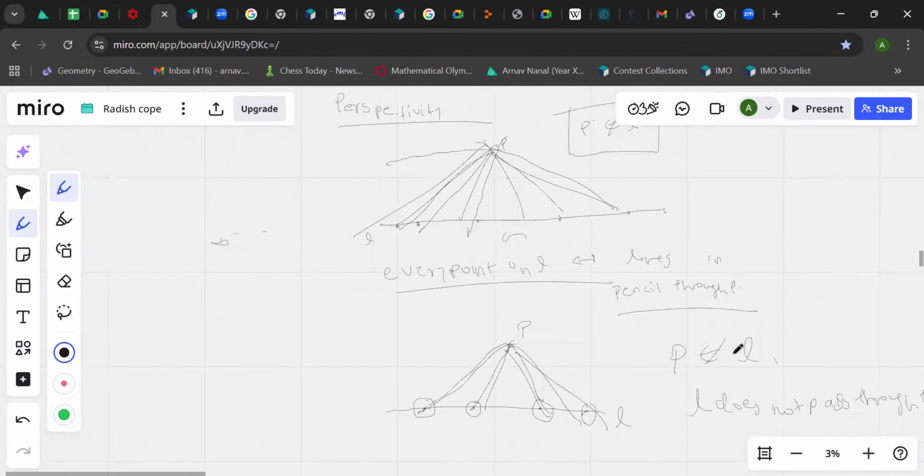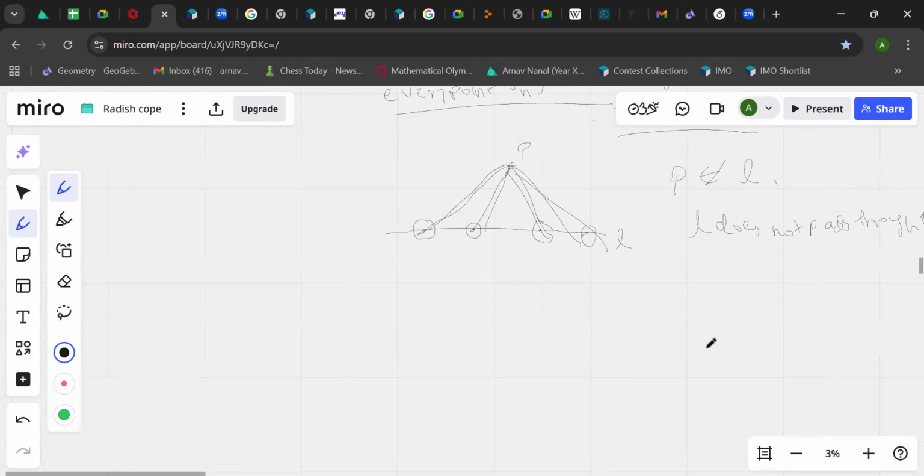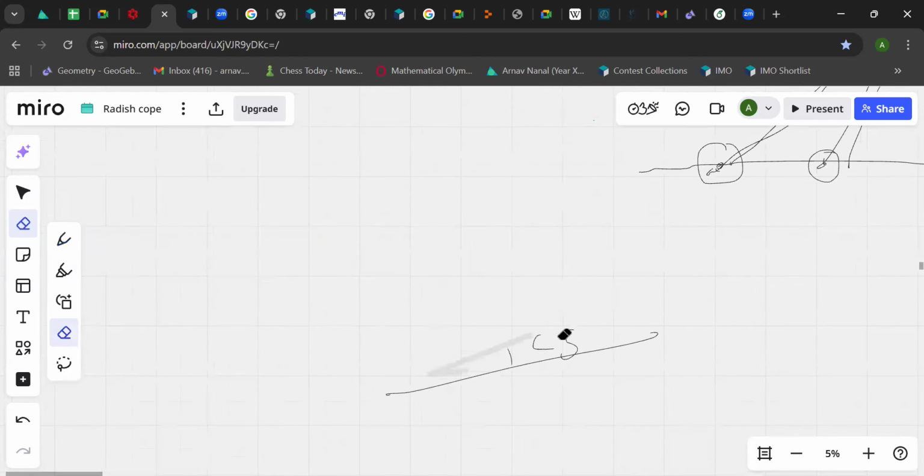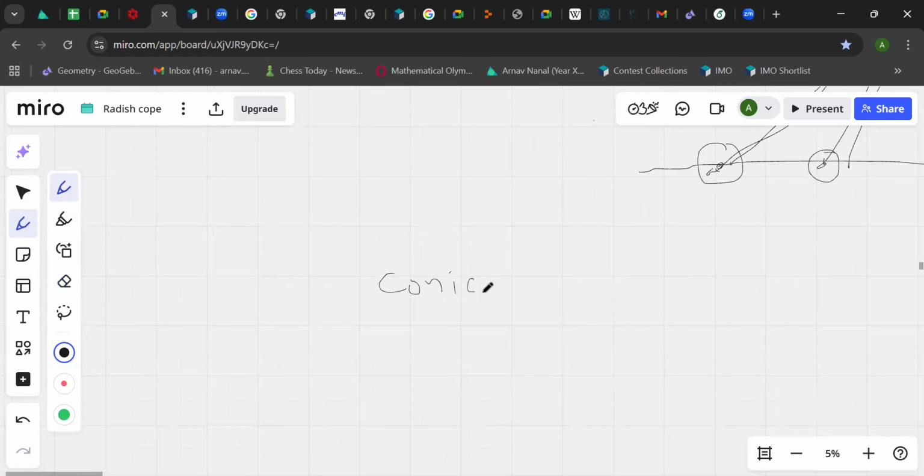Yes. Okay. For the second thing, conics. For now, we will define conics in a certain manner. This is an equivalent definition of conics.